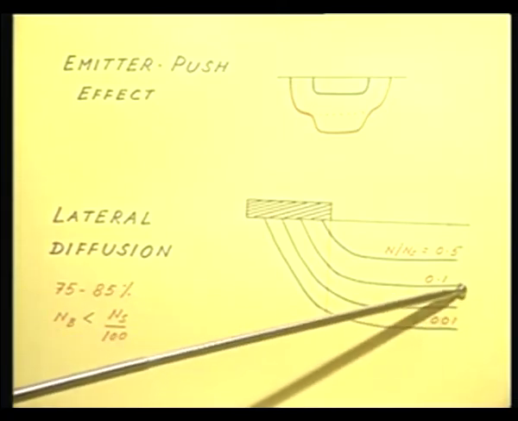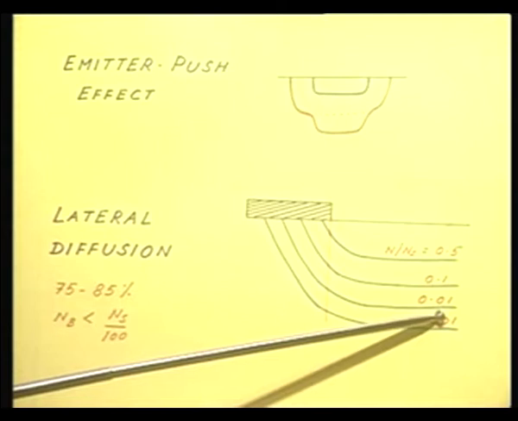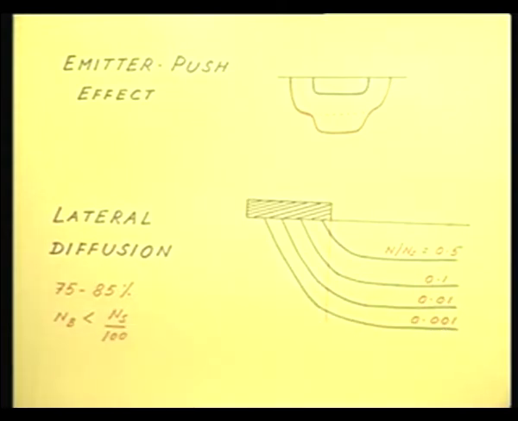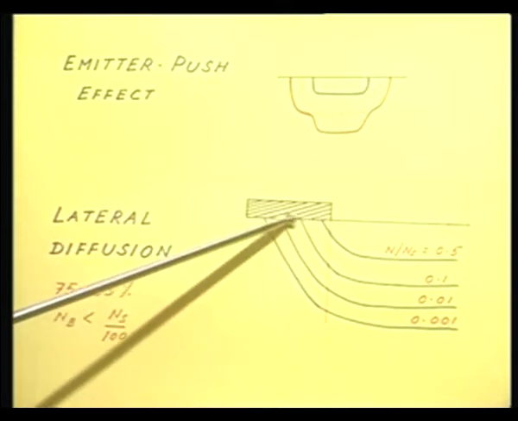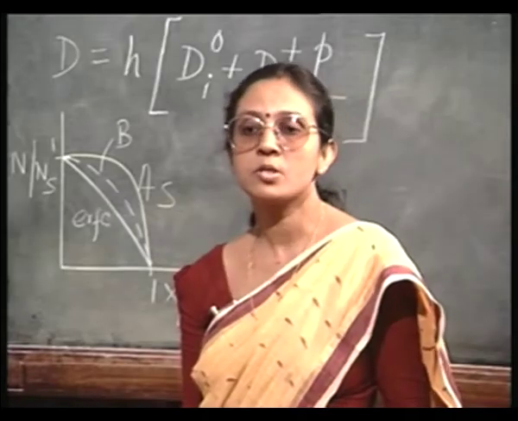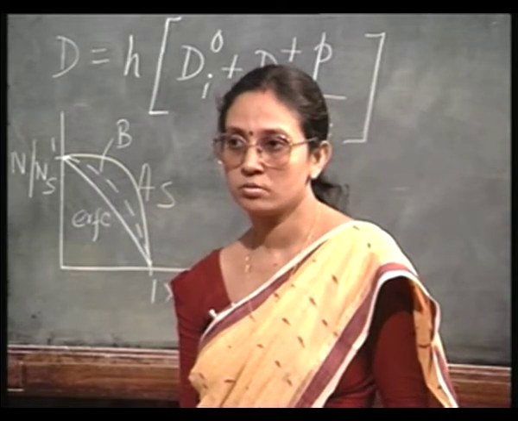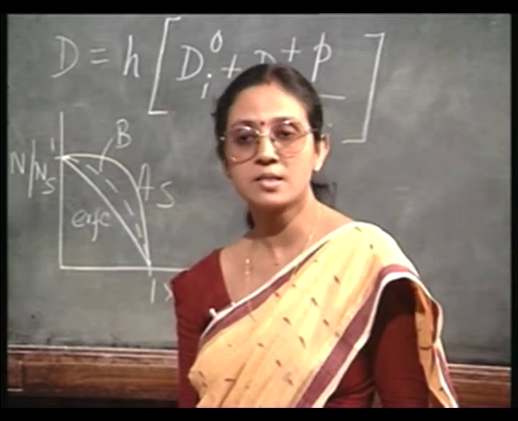Similarly, this has fallen to 1/10 of the surface doping concentration, 1/100th, and 1/1000th of the surface doping concentration. Notice that the lines are progressively moving under the oxide window. Now, in a practical situation, your substrate doping concentration will probably be at least 100 times less than the surface doping concentration. Background doping concentration will be at least 100 times less.